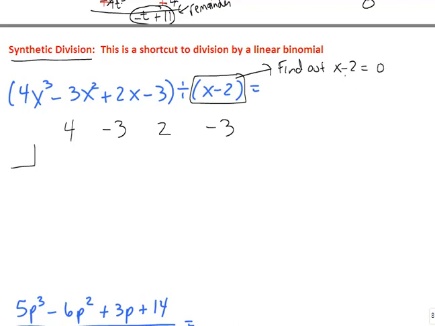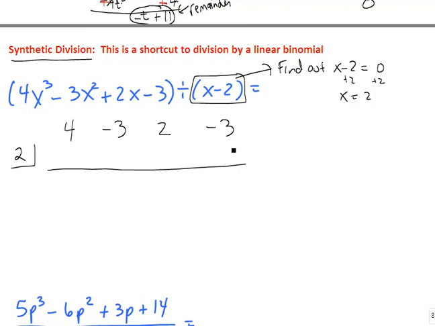So we're going to add 2 to the other side, and that means when x is 2, that would make this linear factor equal 0, so we're going to put our 2 in that box. So whatever you put in this box should be whatever makes your linear factor go to 0. So this is how you set up the initial problem. Put your coefficients across the top, put your number in your box, leave a blank line in the middle, and we're going to draw a line down below.